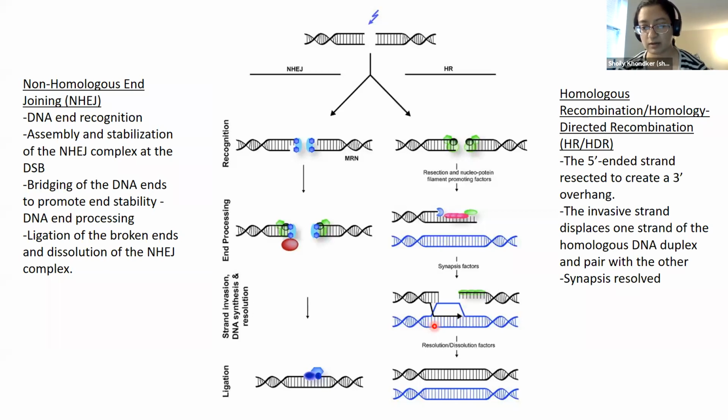Then DNA replication occurs to create an identical copy of DNA, and then the synapsis is resolved and the two double strands are separated. So compared to non-homologous end joining, homologous recombination is not as error prone, but it requires the presence of the second homologous chromosome.